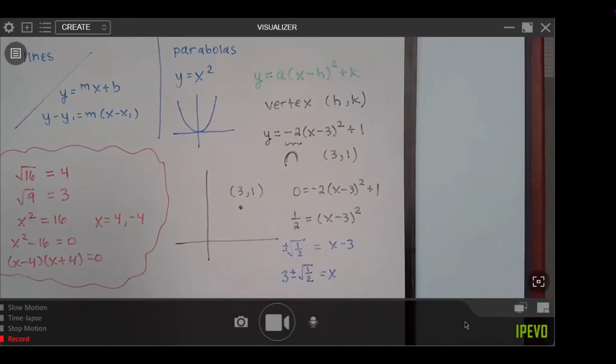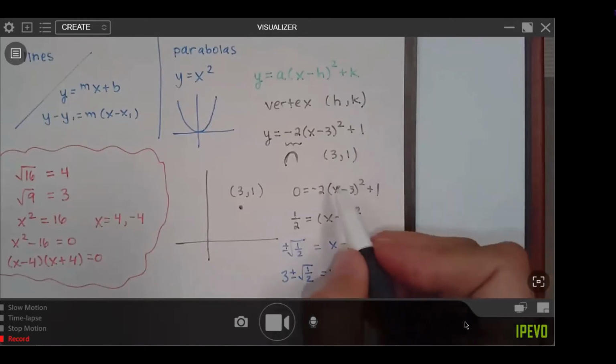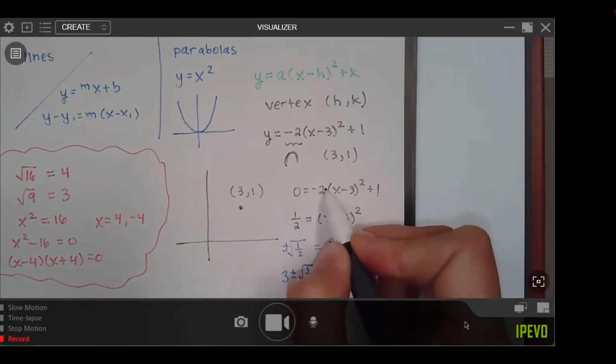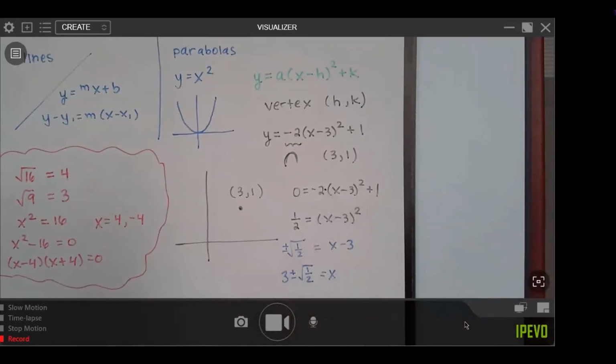Why would you divide it and then not just add the 2 to that? Totally. So the issue here is our invisible order of operations. That -2 has an invisible multiplication with the parentheses next to it. So that means if I'm going to move it, I've got to move it by dividing. Yeah, totally.